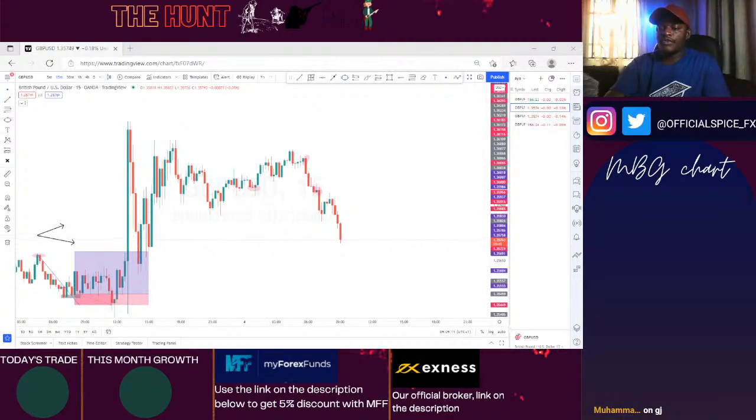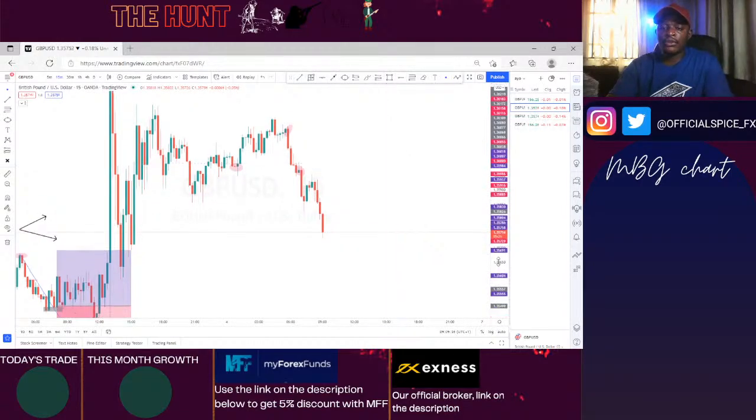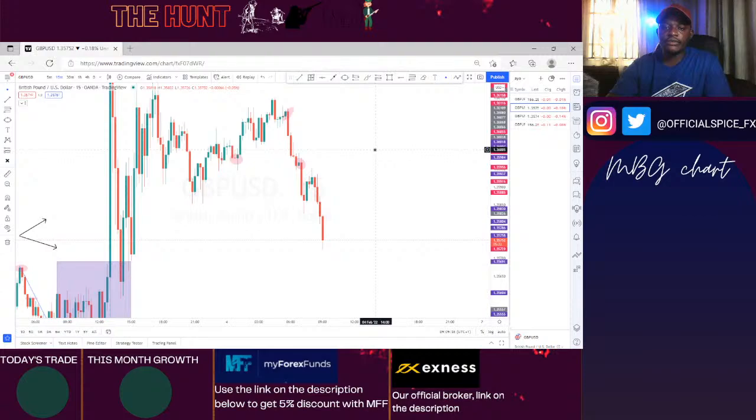Okay, how do we know if the candle becomes weak? It's by seeing the next candle becoming very strong. Looking at this candle here, it was weak. This candle also was weak. A better way I know if a candle is becoming weak is when you start seeing the body of the candle becoming smaller compared to the wick.